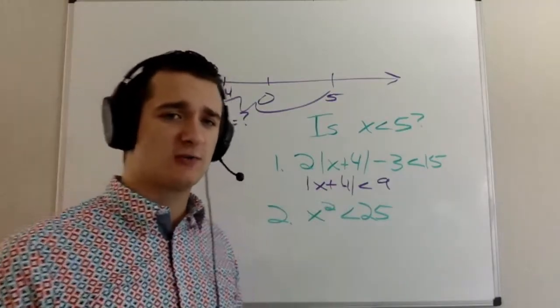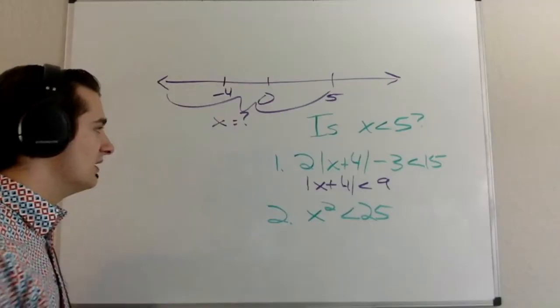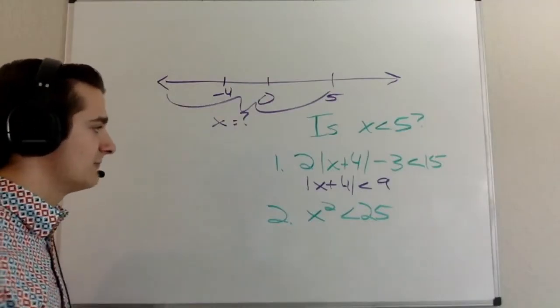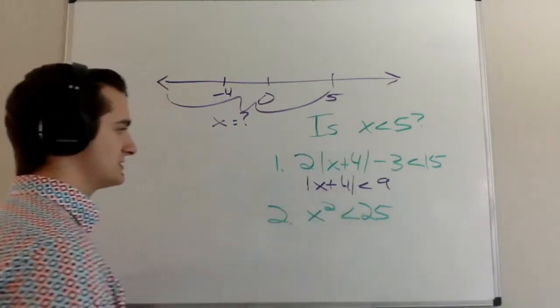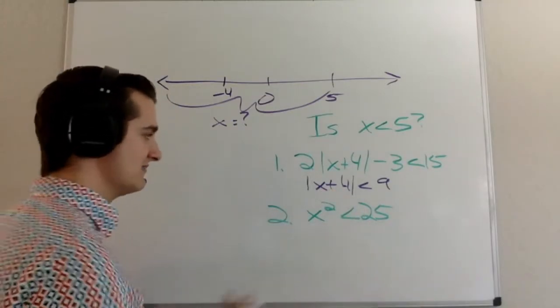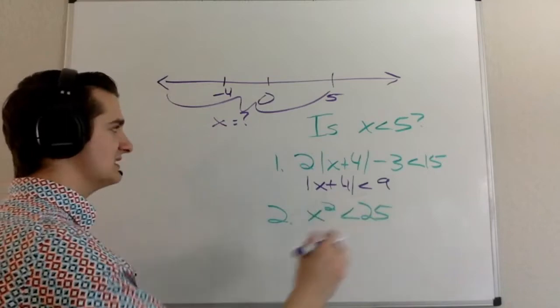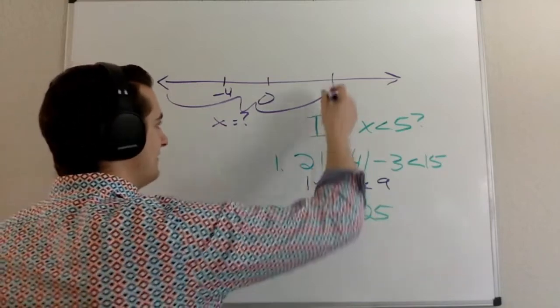I'm going to start to write that out on the number line that I've drawn here. If I know that the distance between x and negative 4 is less than 9, well, what's 9 to the right of negative 4? 9 to the right of negative 4, I'm going to find 5.